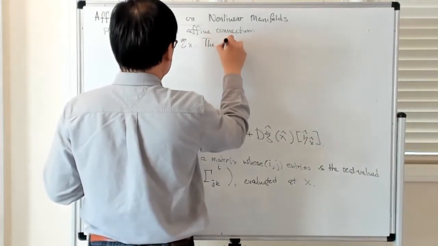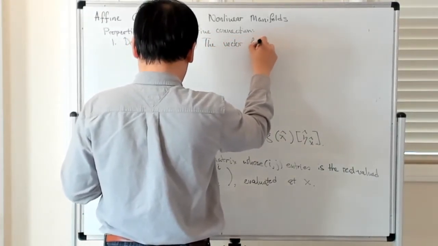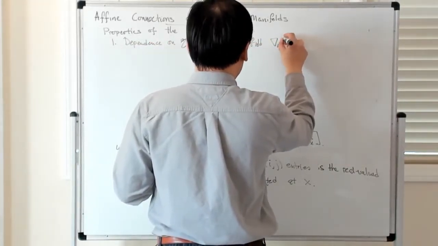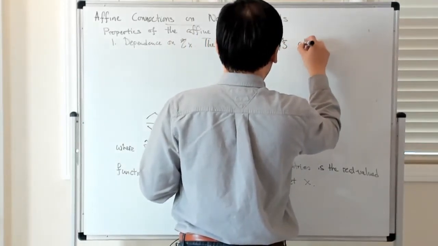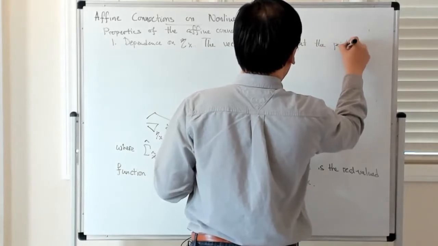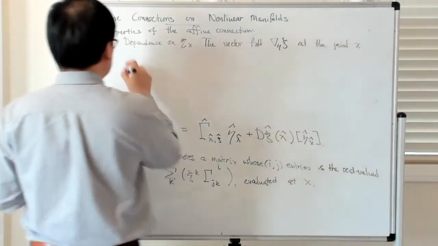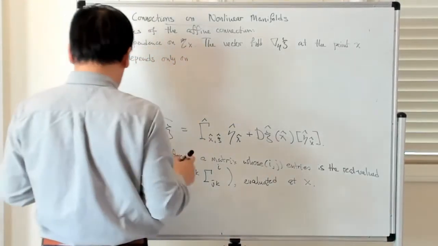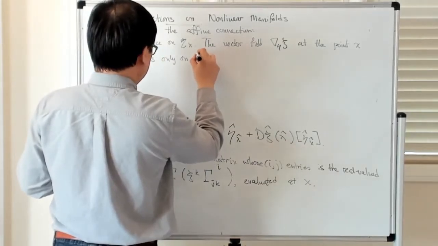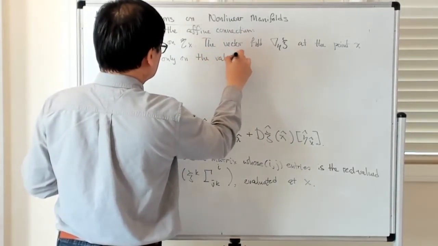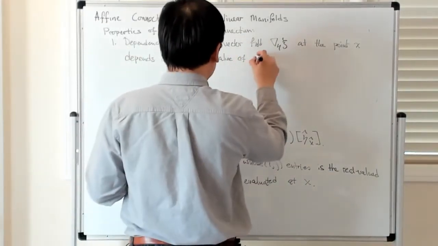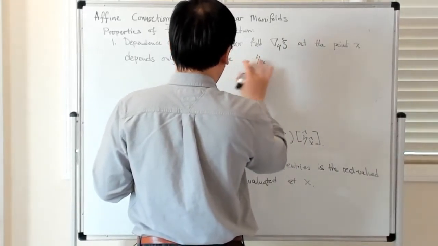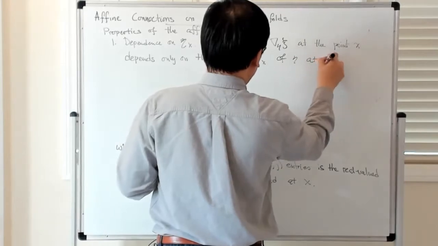So the vector field nabla eta c, at the point x, depends only on the value of eta at the point x, the value eta x of eta at the point x.